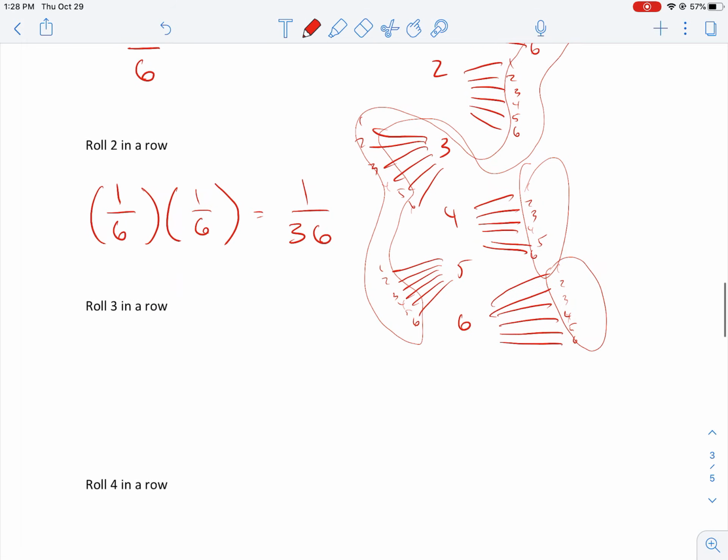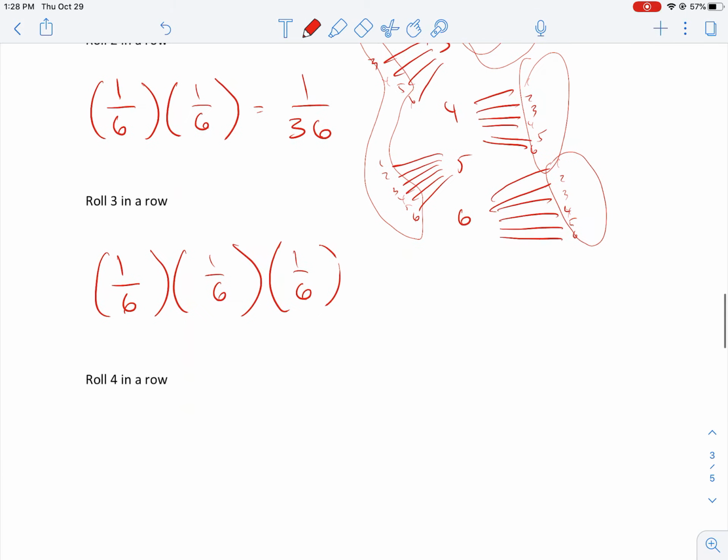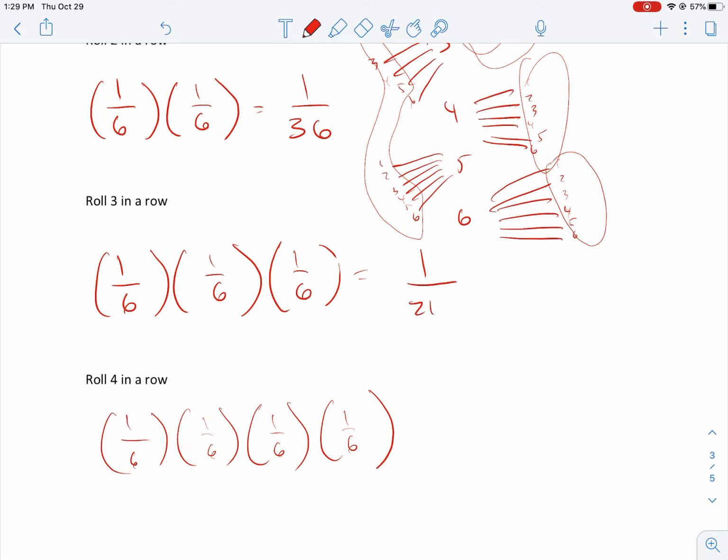Okay, so as we continue on here, 1 over 6, 1 over 6. This one's 1 over 6, 1 over 6. And so this one's going to be 1 over 216.